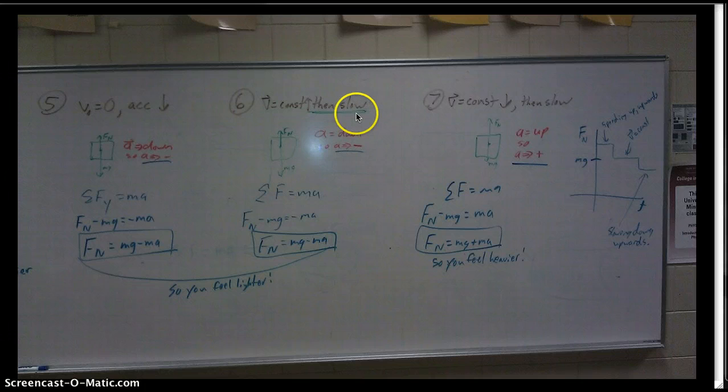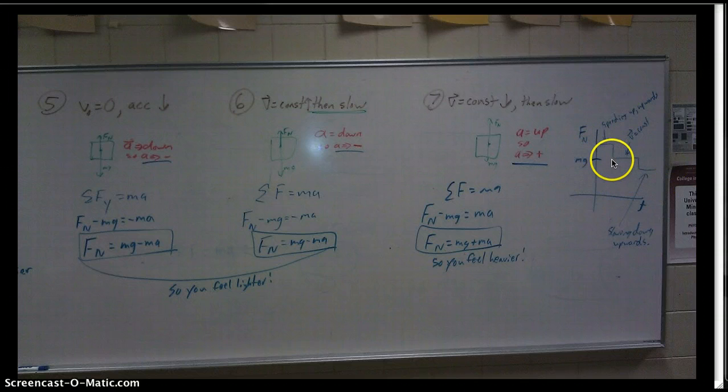So it's a normal elevator ride going up a story, for example. So when you speed up at the beginning, your apparent weight is slightly higher than your actual weight. When you're going at a constant velocity here, your apparent weight is equal to your actual weight. And when you're slowing down at the end but you're moving upwards, then your apparent weight is less than your actual weight. And so that's just one situation.